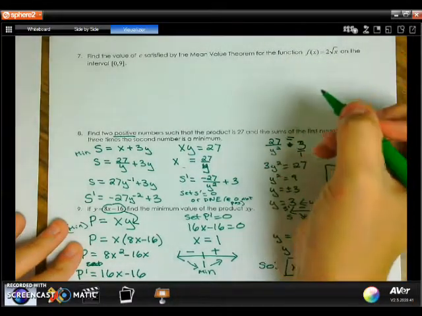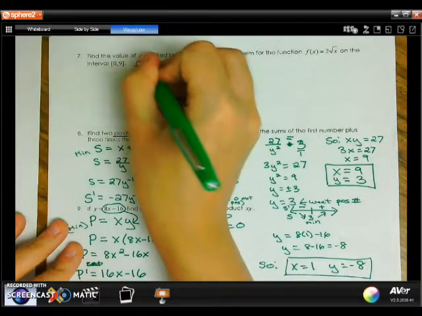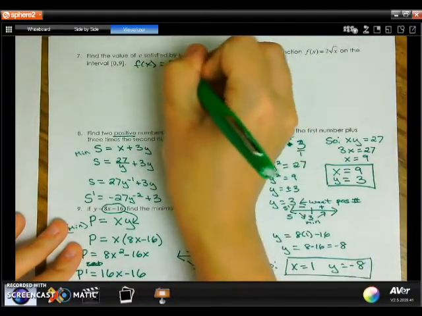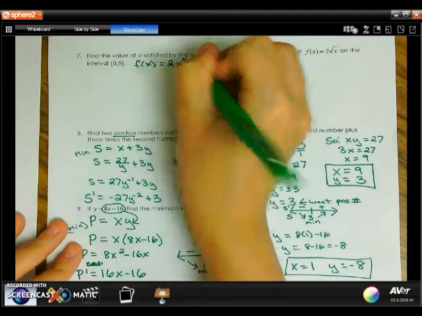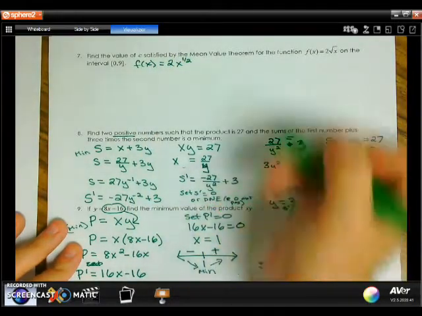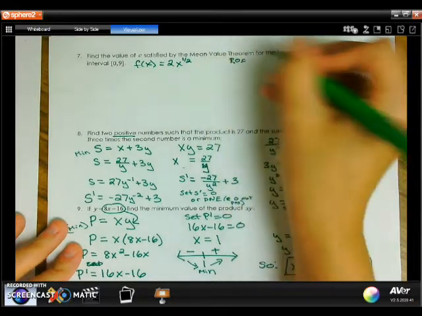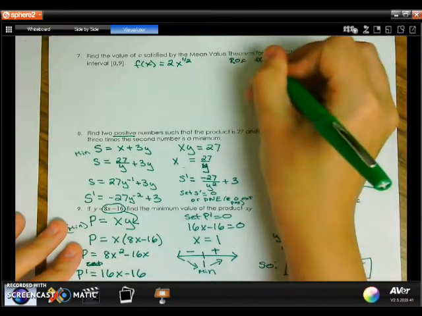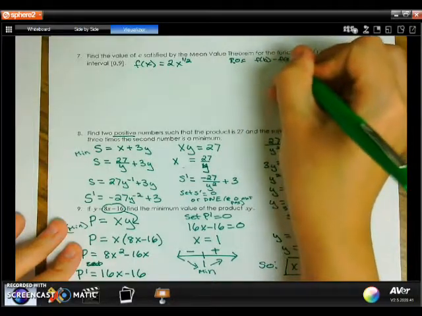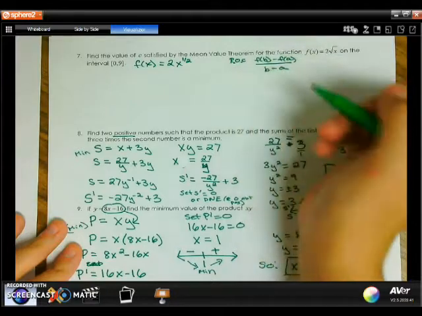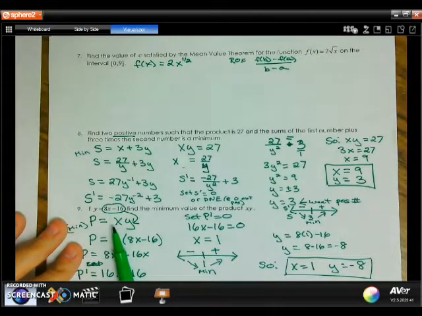So a couple things I'm going to do first. First, I'm going to rewrite my f of x, and instead of a square root, I'm going to write it as 2 x to the 1/2 power. And then I'm going to remind myself of that average rate of change formula from pre-calculus that says f of b minus f of a over b minus a is going to give us the slope.